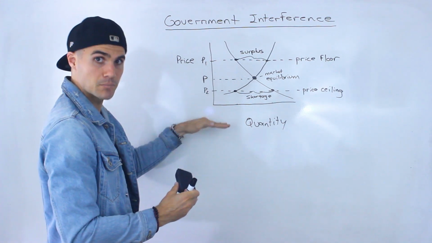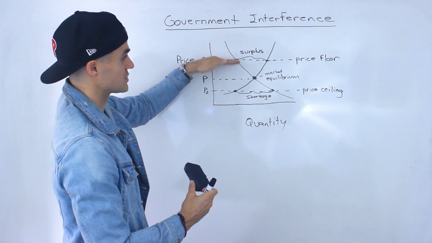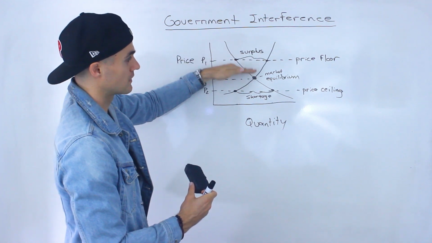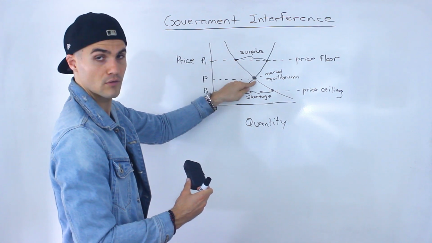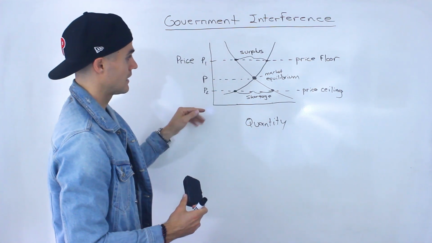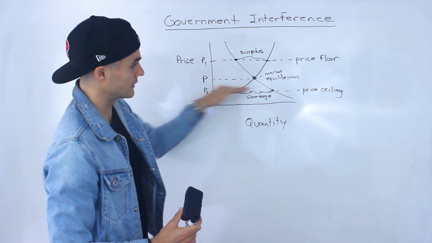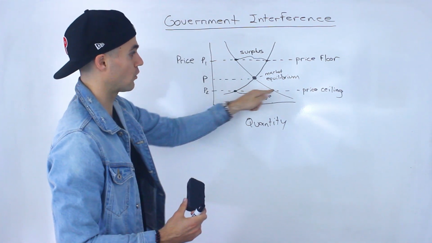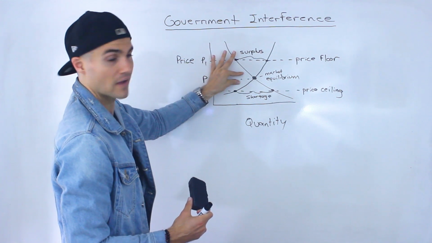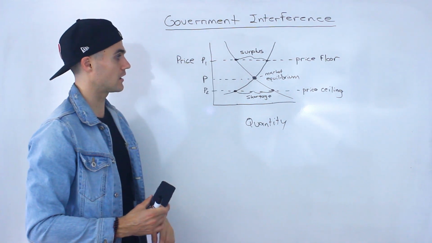A price floor is the minimum price. So if a price floor is here, notice that that market equilibrium, it's not happening, right? The government is preventing that market equilibrium to happen. And if there's a price ceiling over here, which is a max price, that's why it's called a price ceiling, it would be over here, and that would prevent that market equilibrium from happening as well.